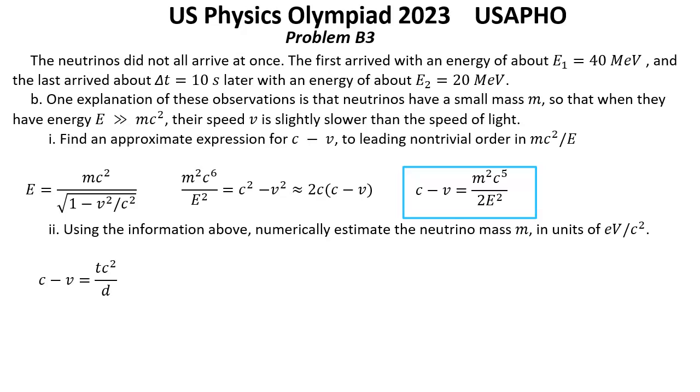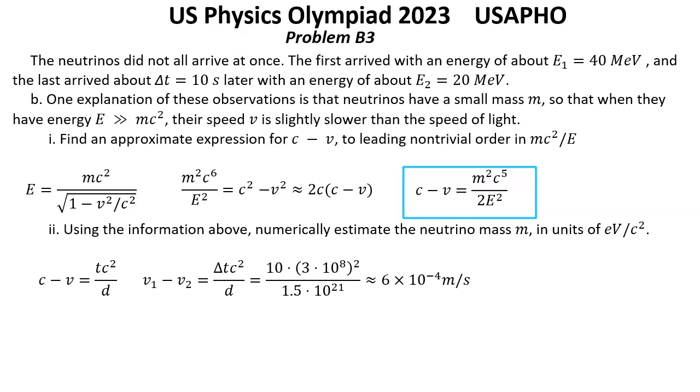So if we compare two neutrinos with a time difference Δt equal to 10 seconds, we have v1 minus v2 equal to Δt multiplied by c² over d. After putting in numbers, the velocity difference is 6 times 10 to the power negative 4 meters per second. On the other hand, we have c minus v approximately equal to this expression.